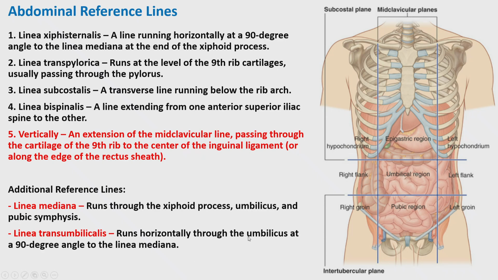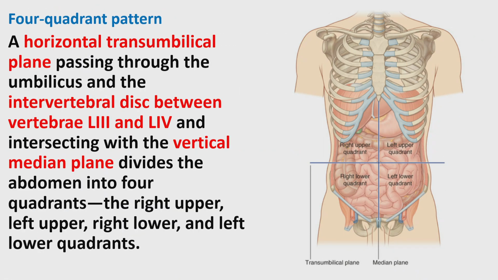Some of these lines are used for different classifications of the abdomen. We have two ways of classifying the regions of the abdomen. One is the 4-quadrant pattern.